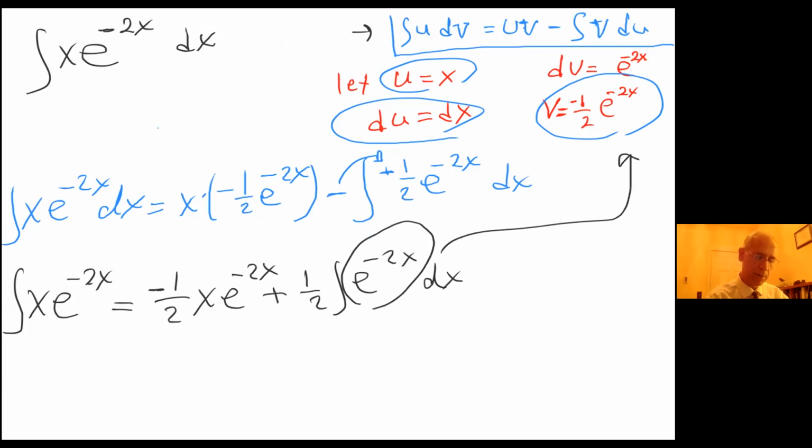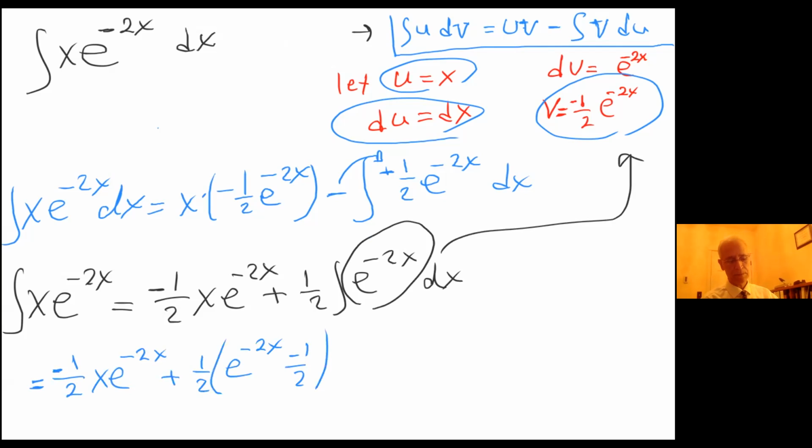I have done it in here, but so this equals -1/2 x e to the minus 2x plus 1/2 e to the minus 2x. Using chain rule in reverse, I have to multiply it by -1/2. So this equals -1/2 x e to the minus 2x.